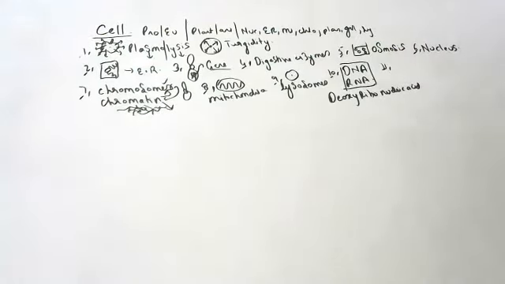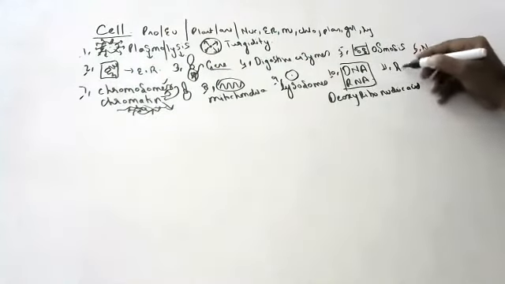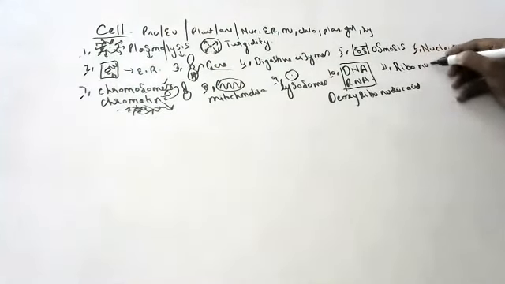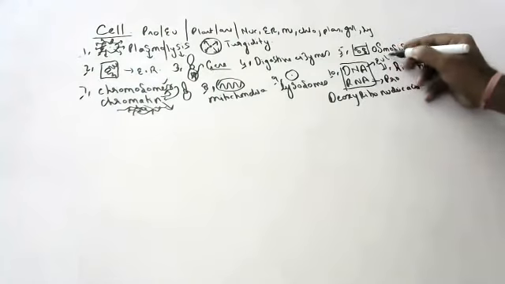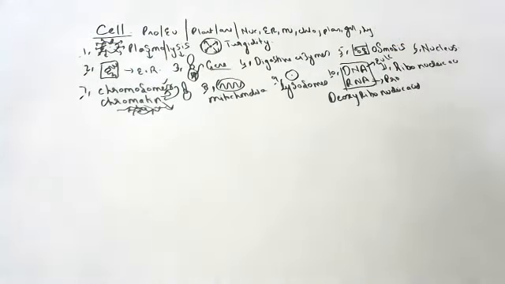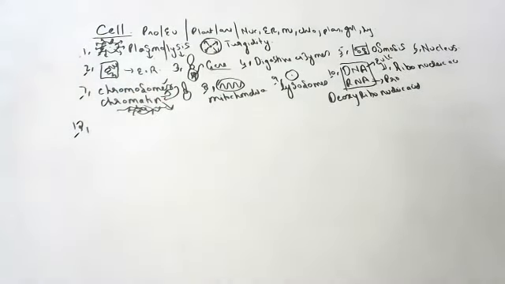What is the full form of RNA? Ribonucleic acid. RNA is present in prokaryotes. DNA is present in eukaryotes. DNA is very, very important. It helps in transfer of characters from the parents to offspring.